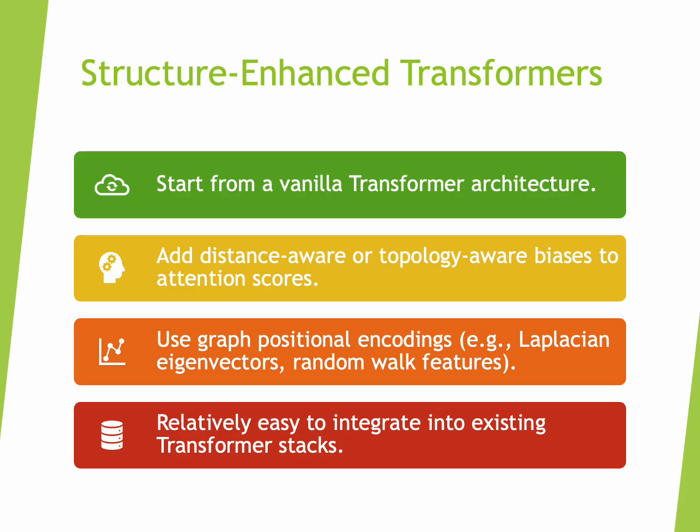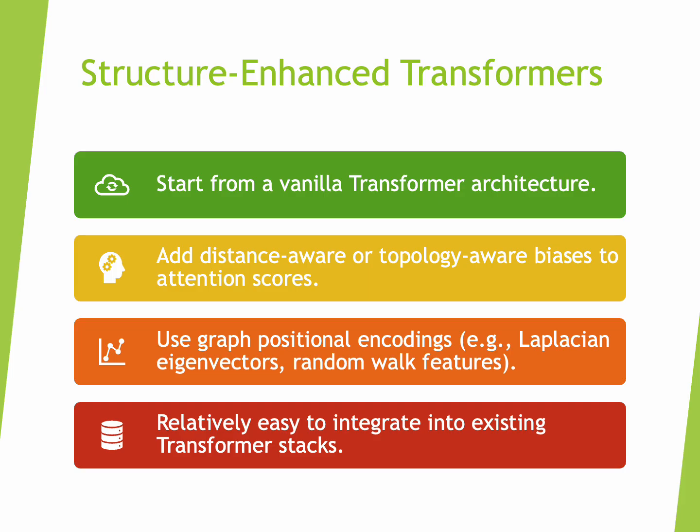Another important idea is graph positional encodings, using tools like Laplacian eigenvectors and other tools like random walk features to encode where a node sits in the graph. These models are appealing because they are straightforward extensions of existing transformers.